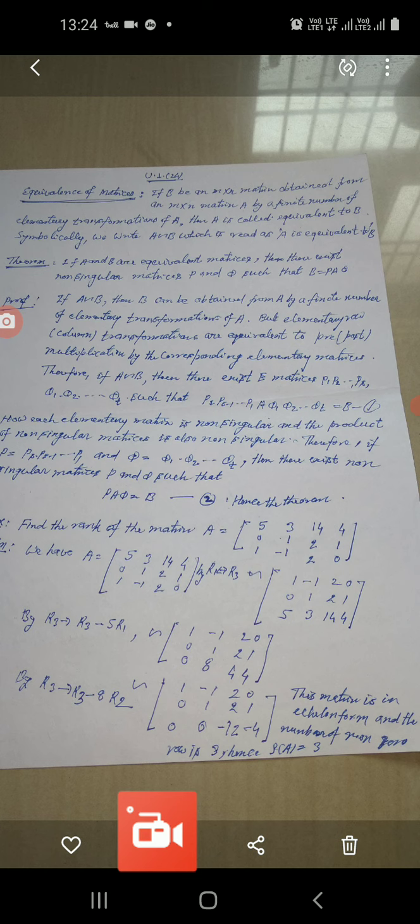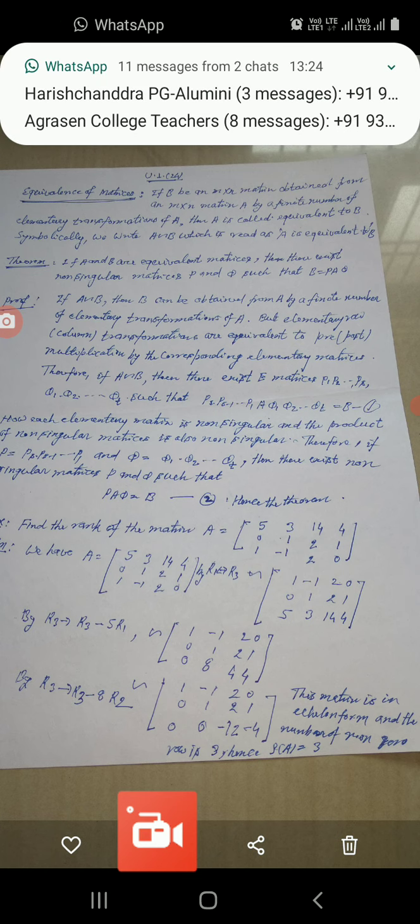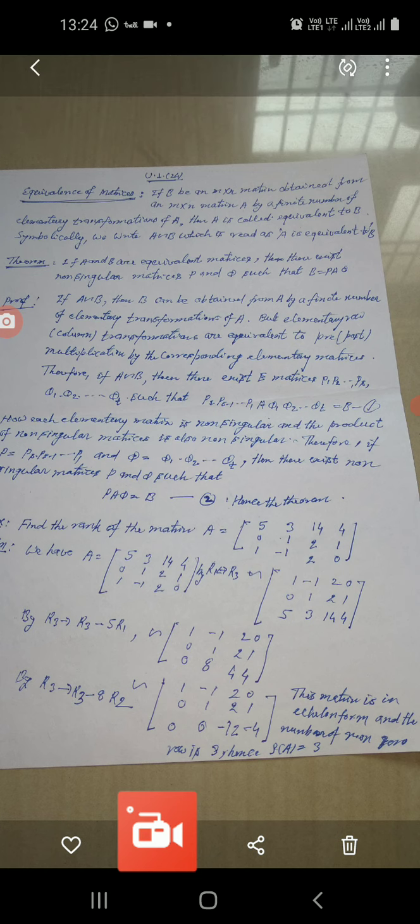So we first of all reduce this matrix into echelon form, and then we find the number of non-zero rows, and the number of non-zero rows will be the rank of the given matrix. So here we have A is equal to 5 3 14 4 in the first row, in the second row 0 1 2 1, and in the third row 1 minus 1 2 0.